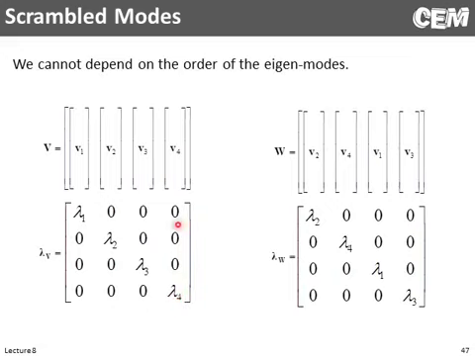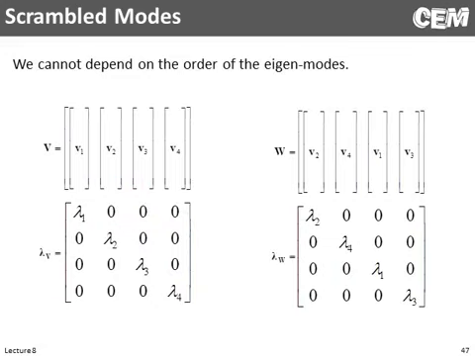So suppose I took these and I scrambled the position. Same eigenvectors. I've just changed their order, but I still have the second eigenvector corresponding to the second eigenvalue, fourth eigenvector, fourth eigenvalue, first, third. So it's the same data in here as the first one. I've just scrambled the order of the columns.